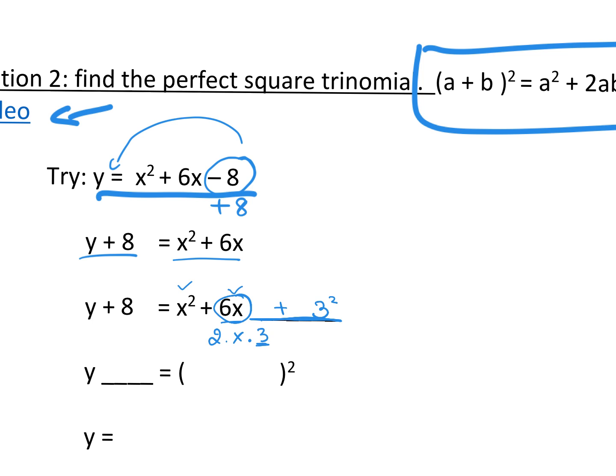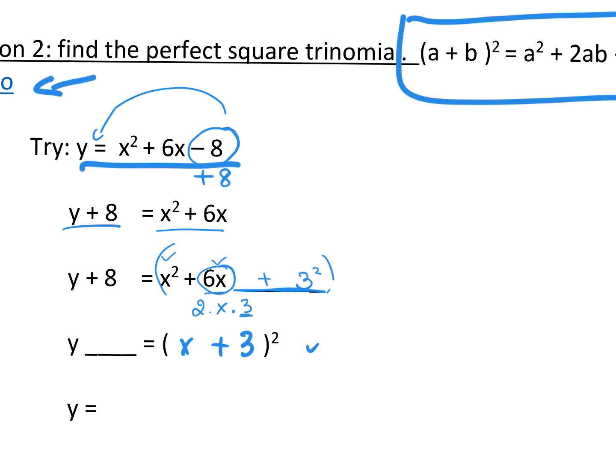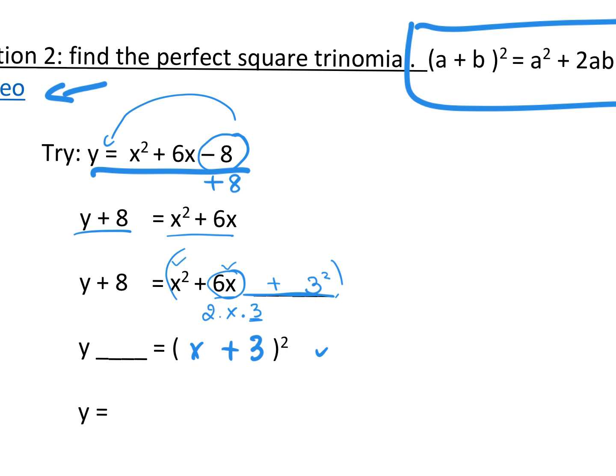Because 2 times 3 gets 6x, and then with the x. All right, so that means using this, you can recognize it's basically x plus 3, and then we square it. Okay, it's kind of confusing, but when you do more examples, you will see how it works. All right, and basically what did I borrow? I borrowed 9, right? 3 squared, which is 9.